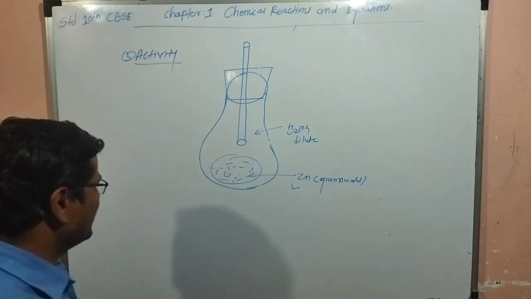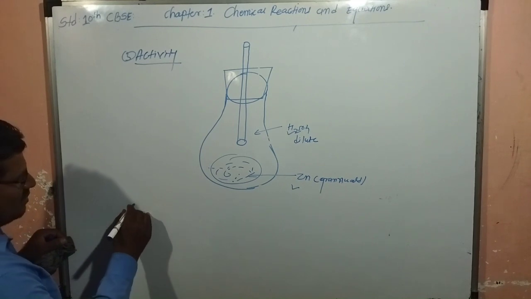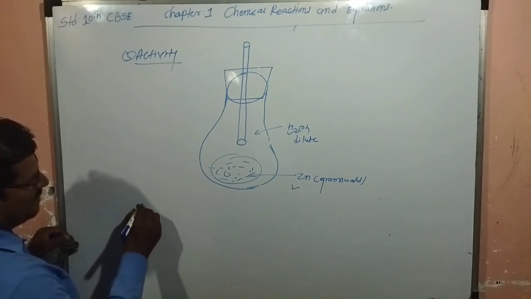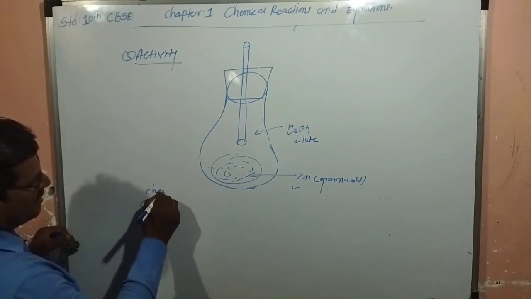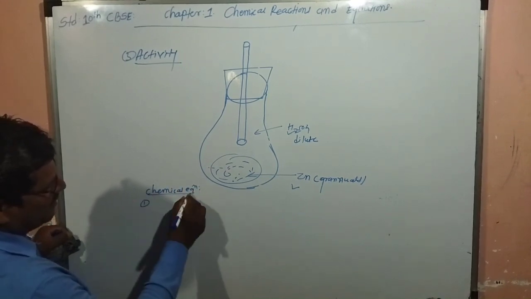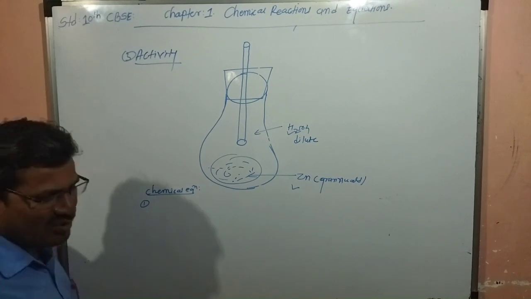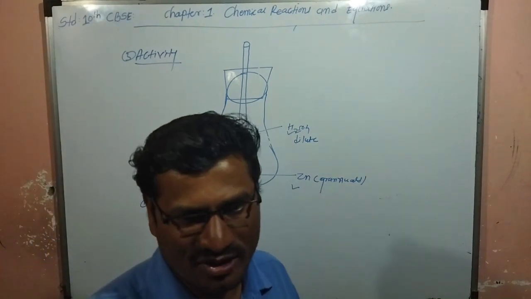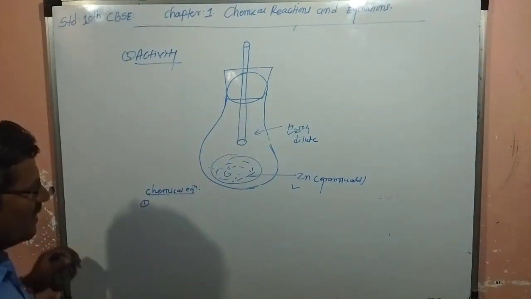will take place. So I will write the reaction here. So the chemical reaction is there. First thing is there, the chemical equation you can say. In that, first we'll write with the help of words, and then we'll write with the help of chemical formula.